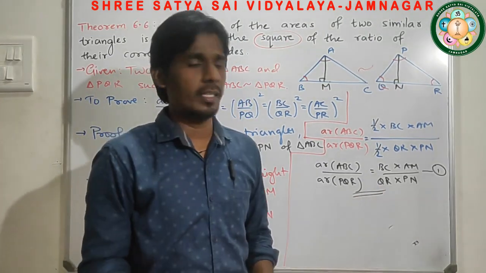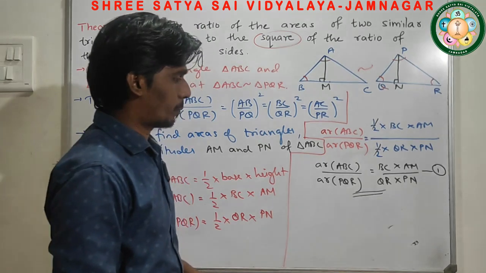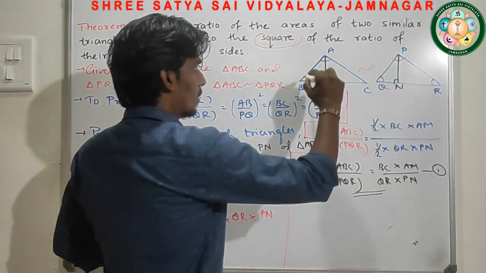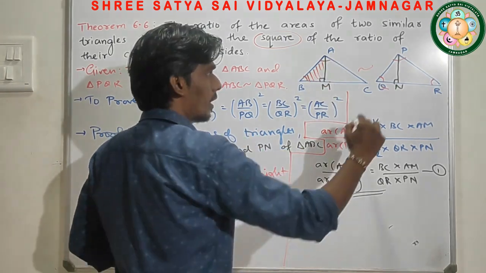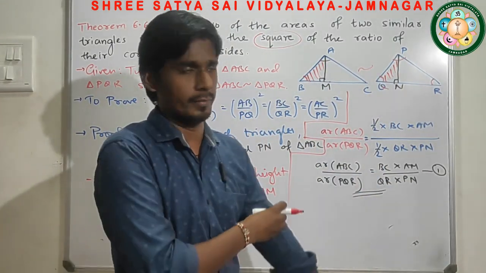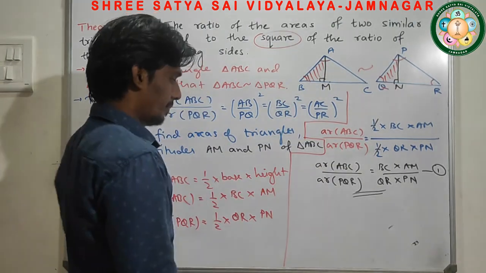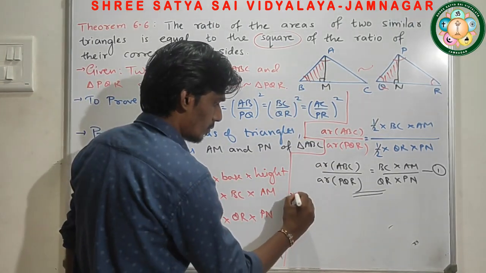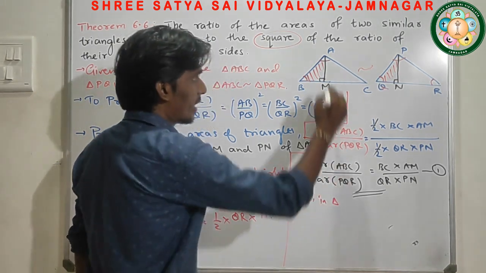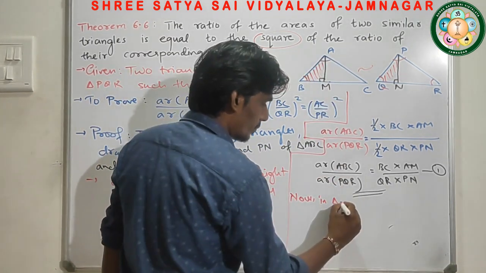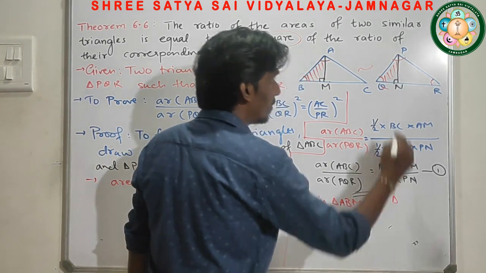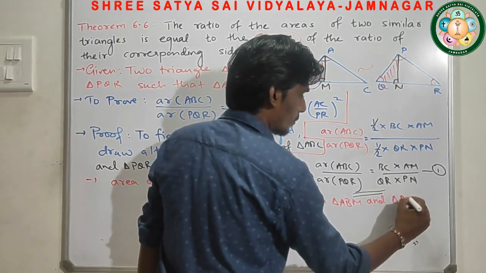Now to prove the next part, to continue, what are we going to do? We are going to prove this triangle and this triangle as similar. Now in which triangle is this? Triangle ABM and triangle PQN.